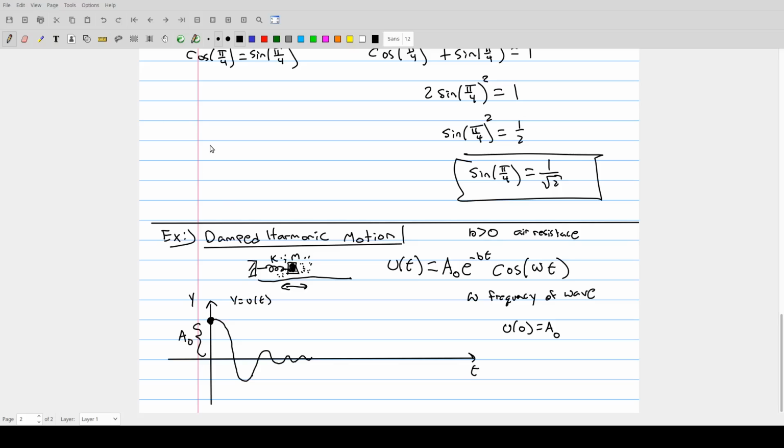And if you change the frequency, the omega, maybe to just 3, or 3 pi over 2, the actual frequency changes. It stretches out, or it gets more compact, depending on what that value is.